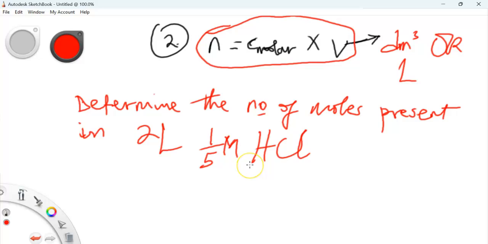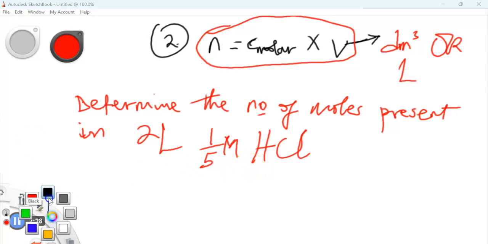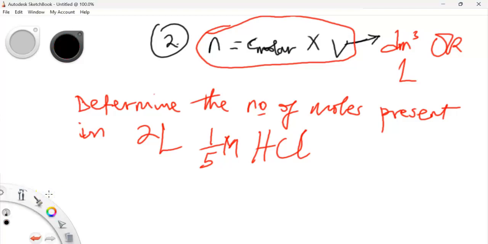Now, if you look at this, the first thing I'm going to do is to list out the parameters involved. Solution. Listing out the parameters involved is the first thing I always tell my students. The volume here is 2 liters.